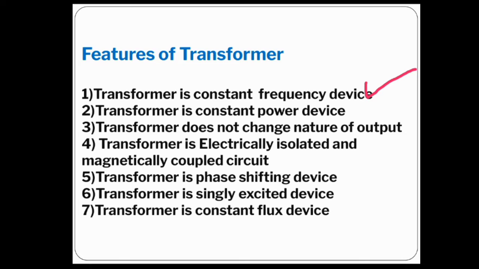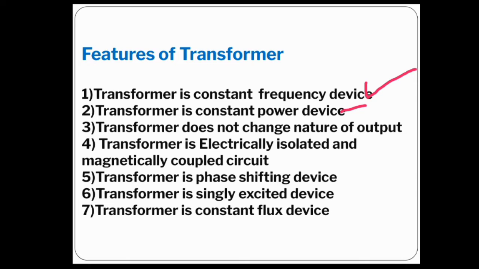Okay, so the transformer is a constant frequency device, and next it is a constant power device. Next, transformer does not change the nature of output, meaning that for the transformer the input is electrical energy and the output is electrical energy.